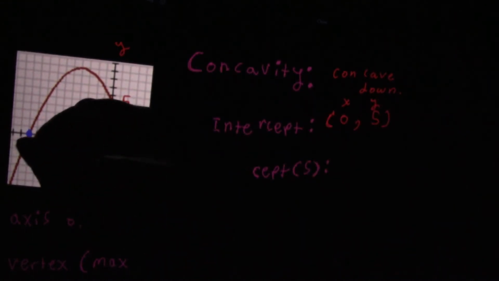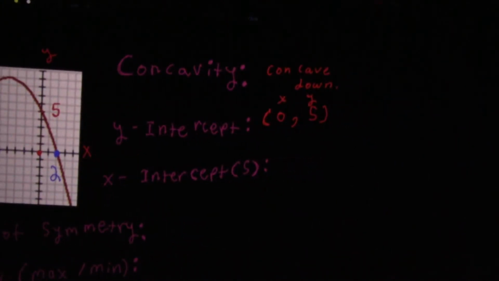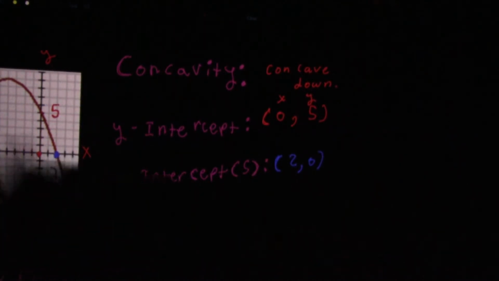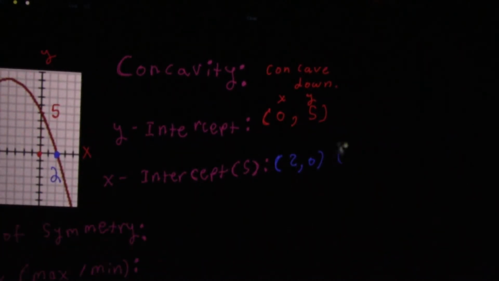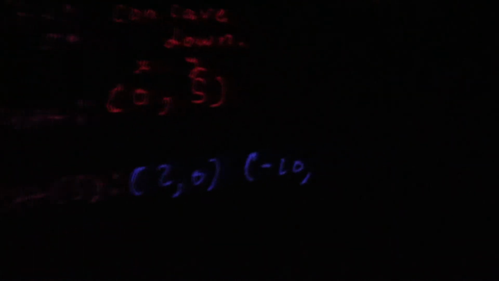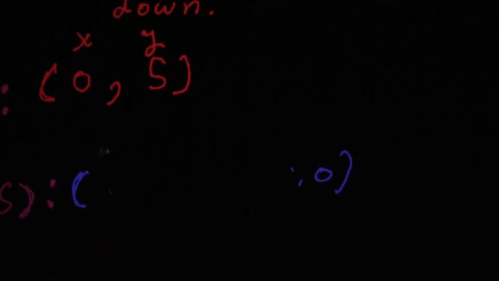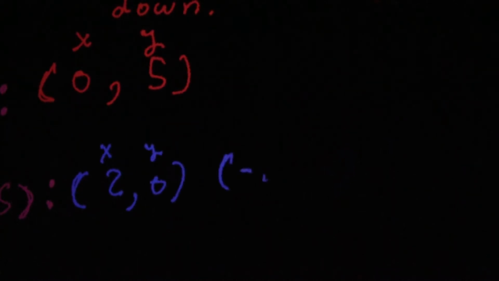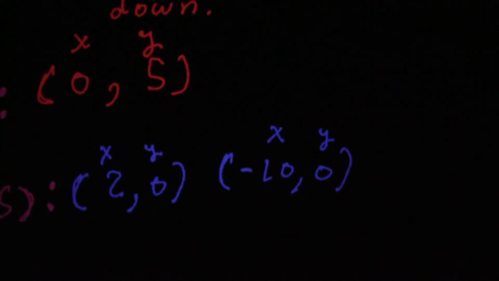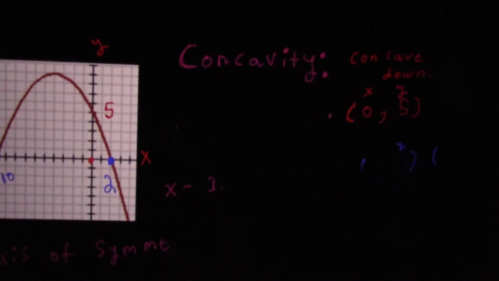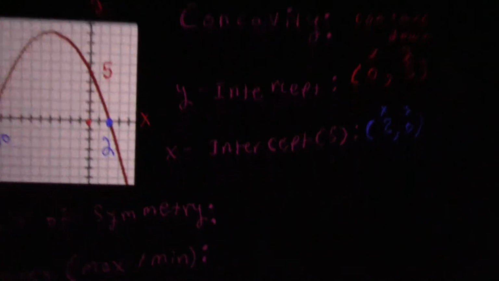So -10. Our x-intercepts are going to be at 2, 0, and then the other one, -10, 0. 2, 0, that's our x, y. And then -10 is our x, and then 0 again is our y. Those are the x-intercepts.